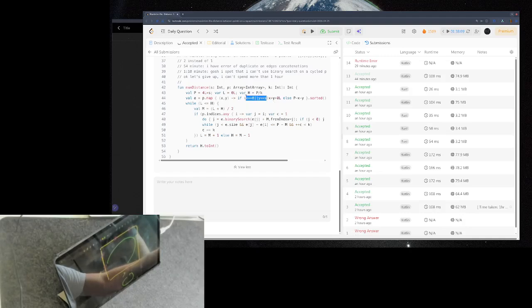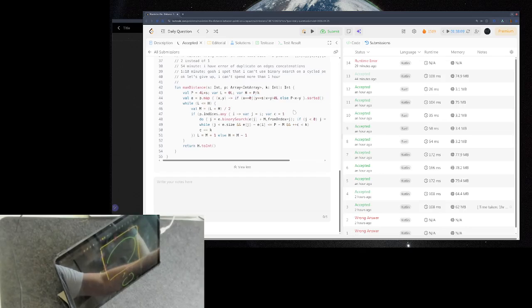And the distance from 0 to the bottom and right edge is the perimeter minus x plus y. So it's kind of an interesting mathematical intuition. Then I sort them just by distance, nothing special.